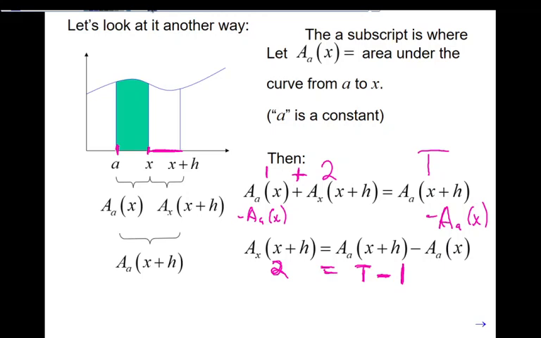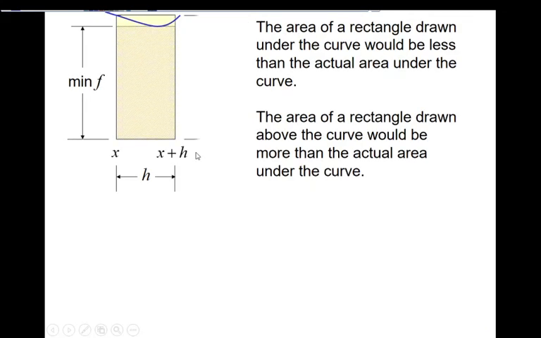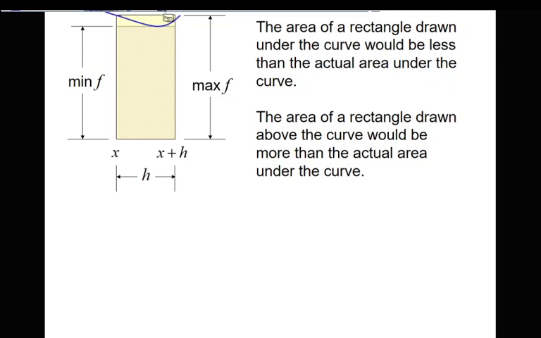So, keeping that in mind, here we go. This is the same picture. This is area 2 right here, from x to x plus h. This is basically what we just did. The area of this rectangle drawn under the curve would be less than the actual area.